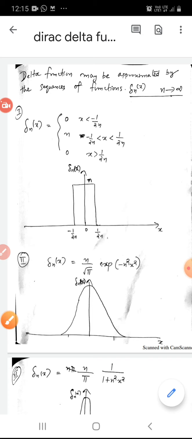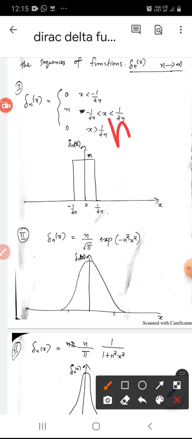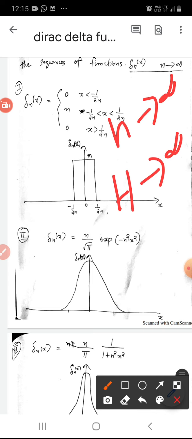So this one is clearly representing a delta function as n tends to infinity. As n tends to infinity, the height tends to infinity and the width tends to 0, so a narrow width.